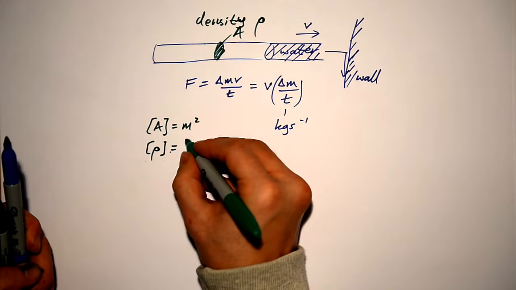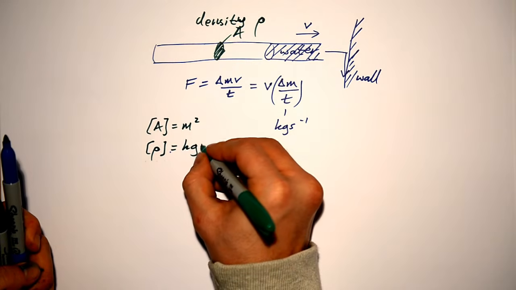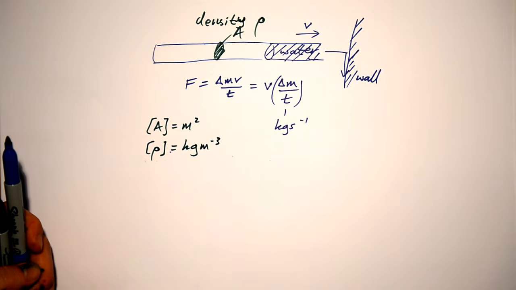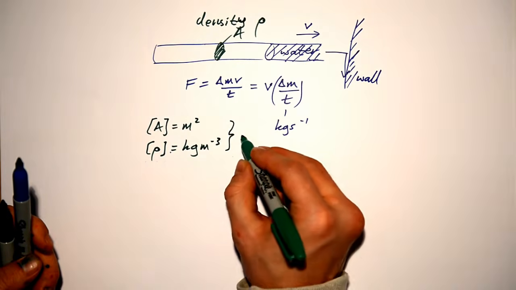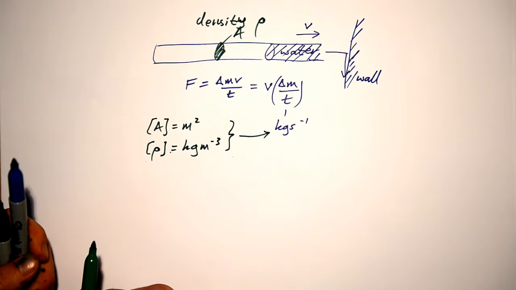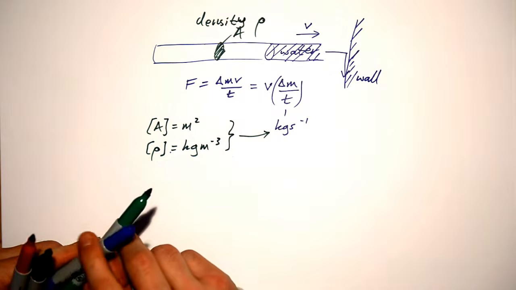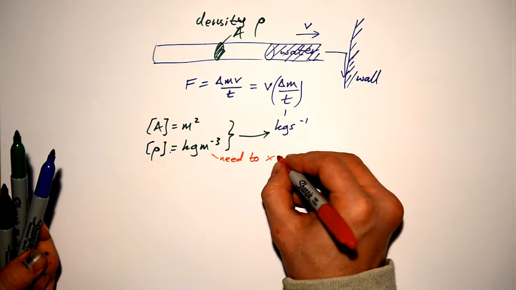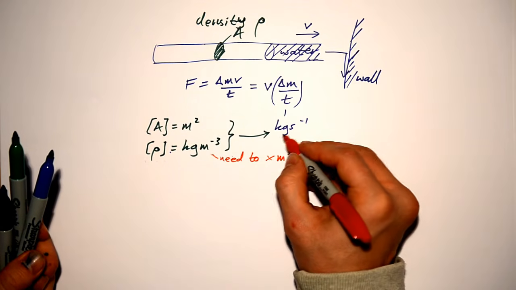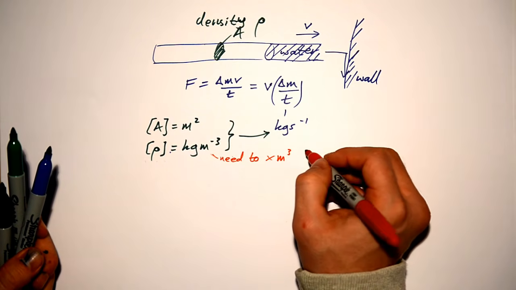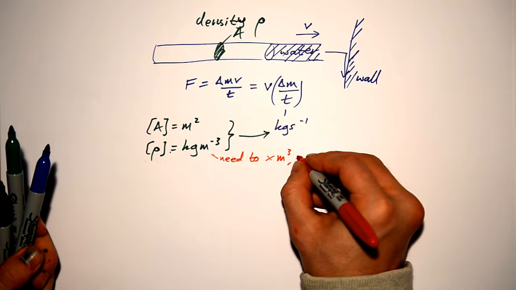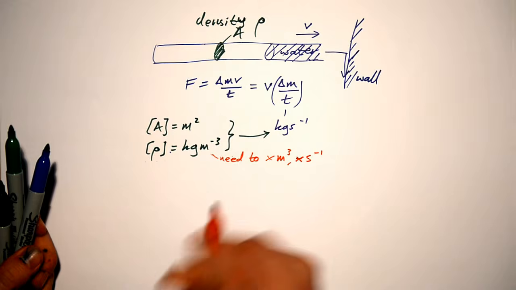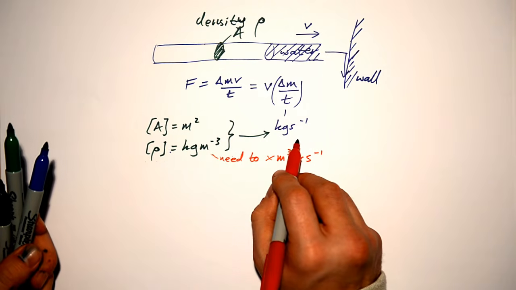Rho has the units kilograms per meter cubed. Now we want to get from these two to kilograms per second, and we need to times by meters cubed, because of course there's no meters in here at all, and we need to times by s to the minus 1 as well, because we have that.